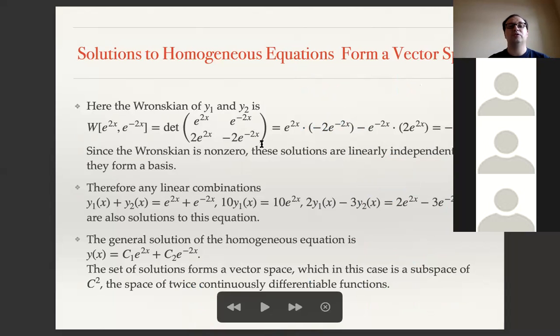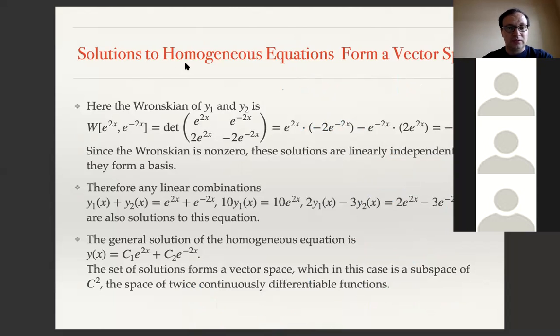It's the determinant of a 2 by 2 matrix. As you hopefully remember, but I'm going to write the formula anyway: if the matrix is A, B, C, D, then its determinant is AD minus BC.